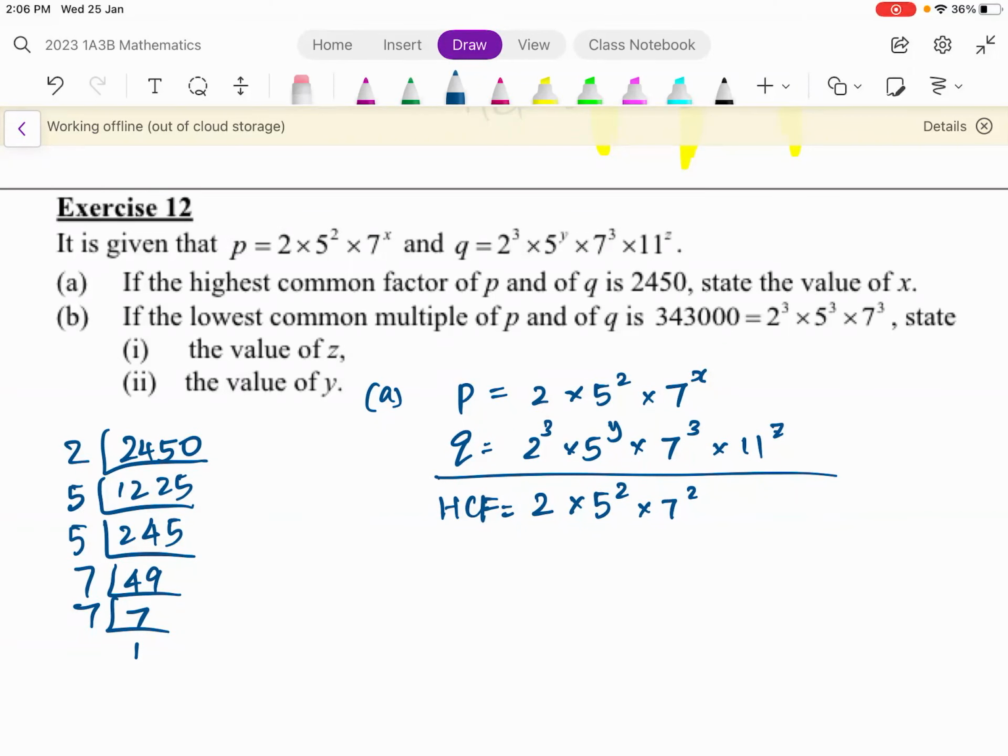Okay, keeping in mind, HCF means numbers that appeared in both P and Q. What then is my value of X? X is this. Think about it. What is the value of X? No calculation involved. 2. That's it. The value of X is 2. Because we are supposed to choose a smaller power. Since I ended up with 2, X must be 2.